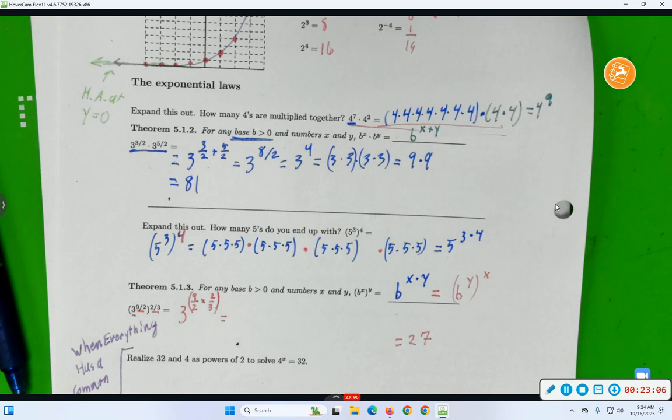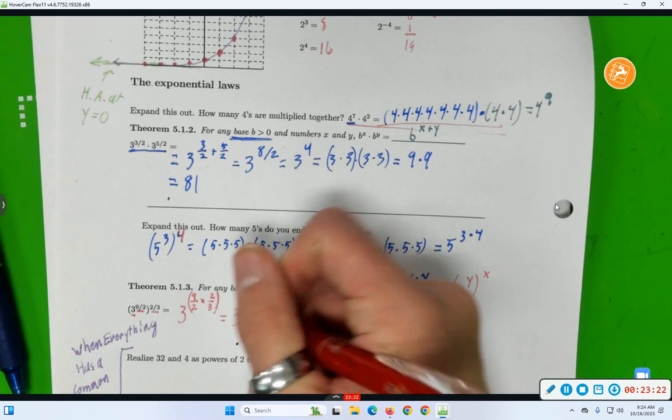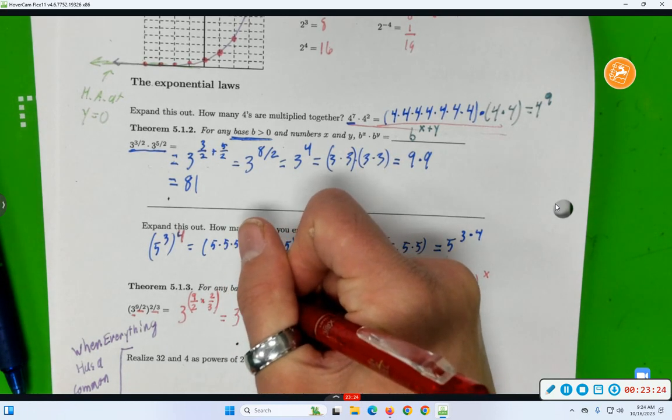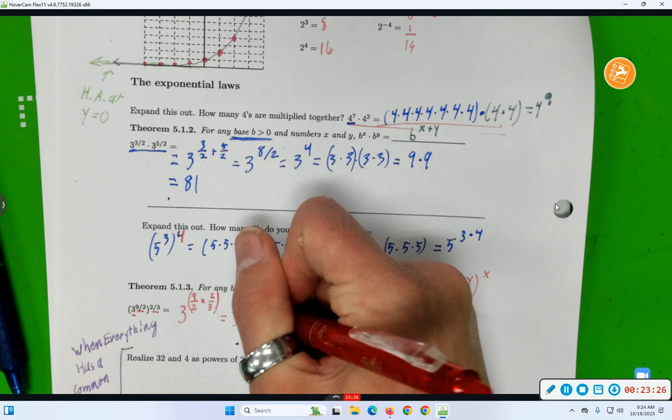And now let's look at that. 9/2 times 2/3. Is that a fraction that simplifies? Yeah, at the very least, you see the 2s cancel, right? This will be 3 to the power 9 times 2 over 2 times 3.